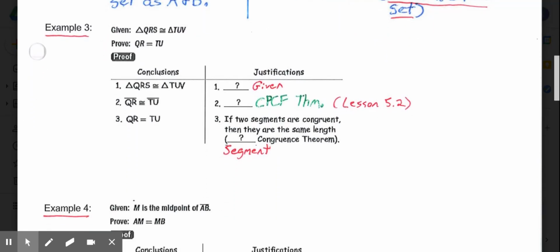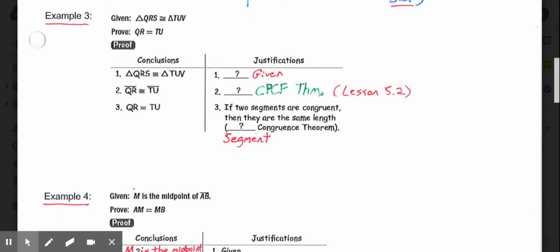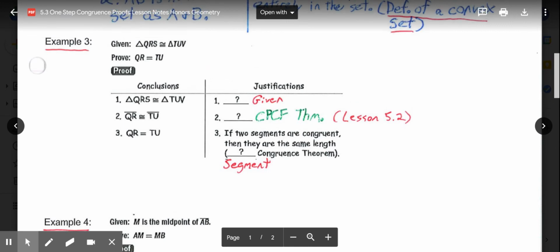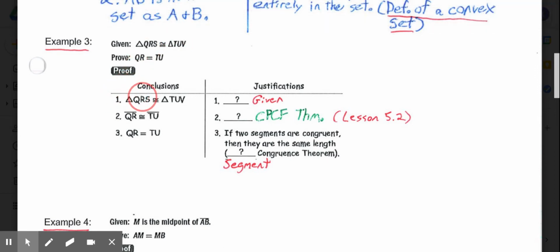And then we're going to look at example 3, which technically is not one step. It's going to be 2 steps. Given is that triangle QRS is congruent to triangle TUV. So the first conclusion they gave us, triangle QRS congruent to TUV, has the justification simply the word given.